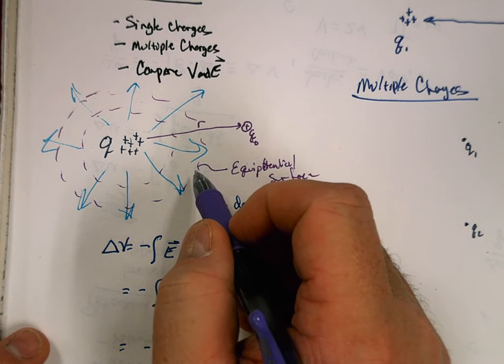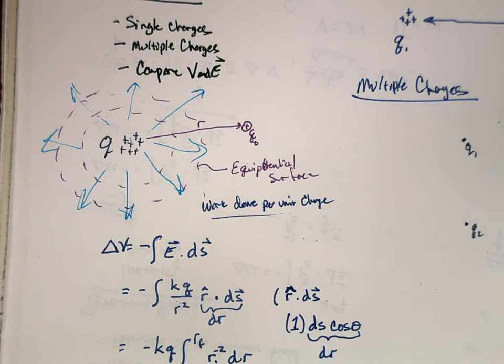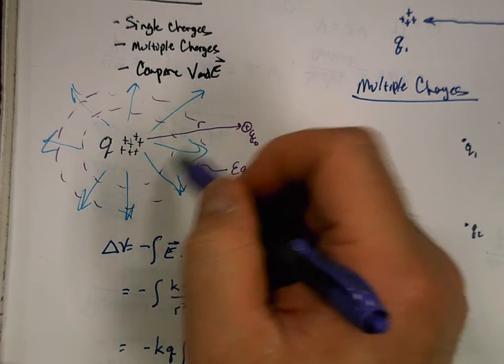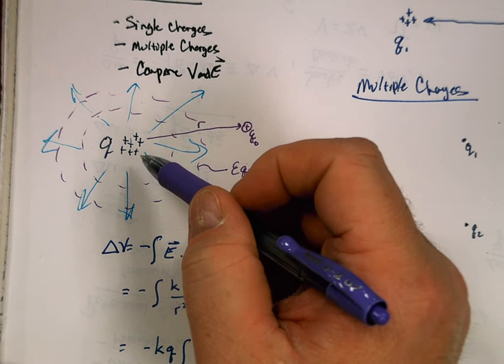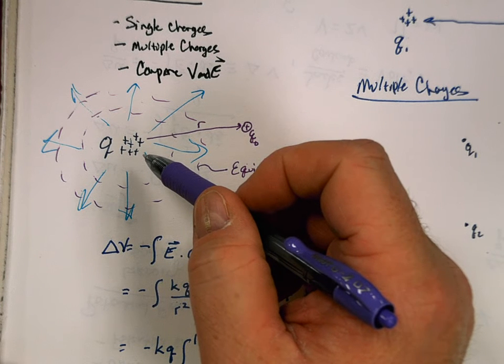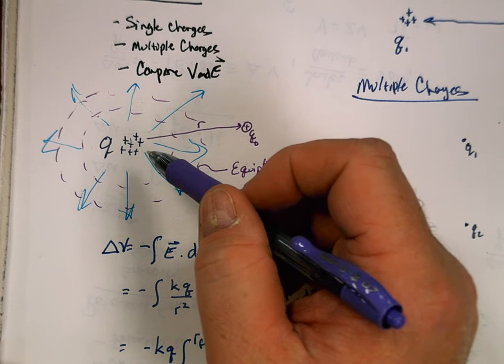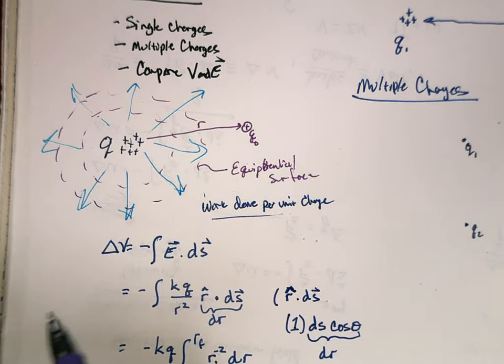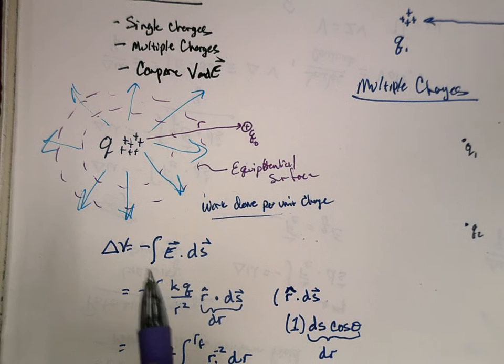These surfaces are equipotential. And the really cool thing is, all of the electric field lines coming out of a point charge are radial, in the direction of r hat. Any equipotential surface is perpendicular to r hat at any particular point.